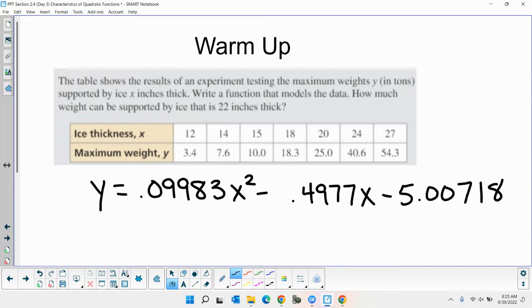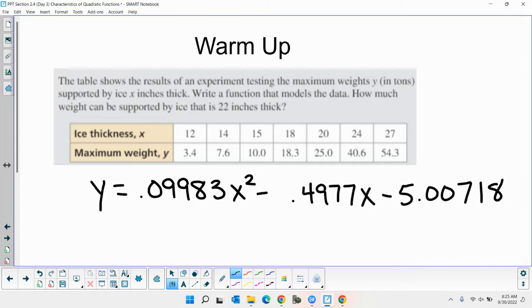But did you all get a negative? I got 32. So you must have just put something in wrong. You guys are agreeing with the 32? What is this, weight? Pounds? Did it say? In tons.